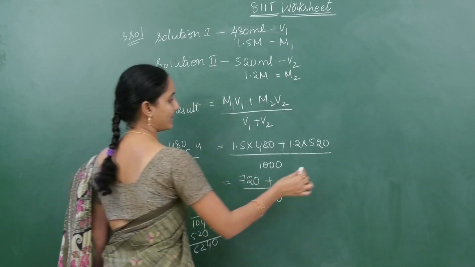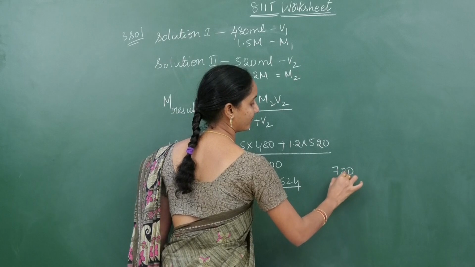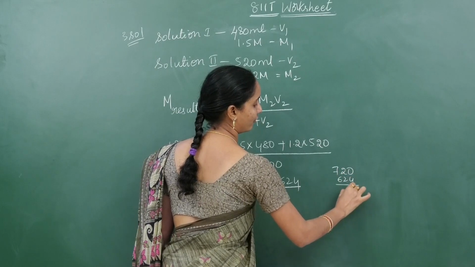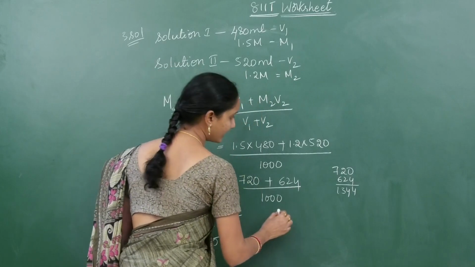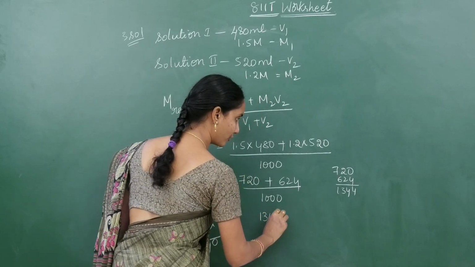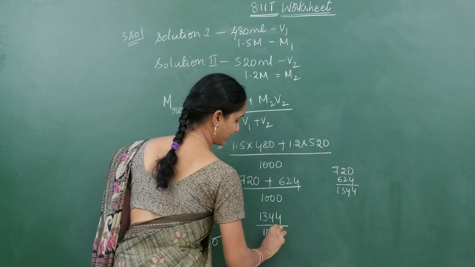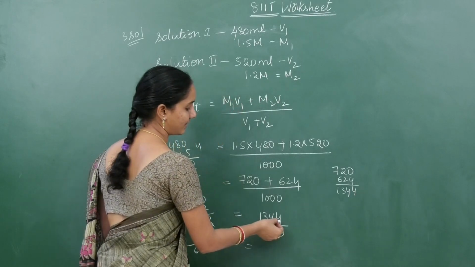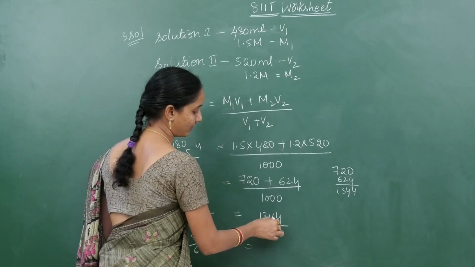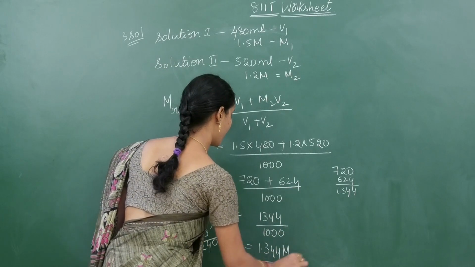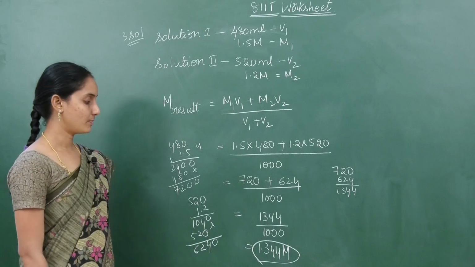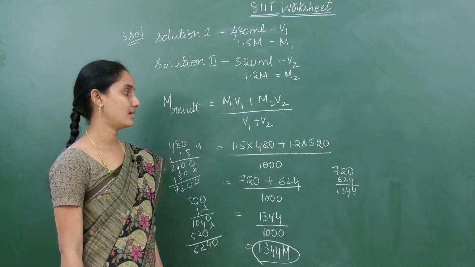So 720 plus 624 you have to do, it is 1344. So 1344 divided by 1000. You just keep the decimals after 3 points: 1, 2, 3. So 1.344 molar is the answer.